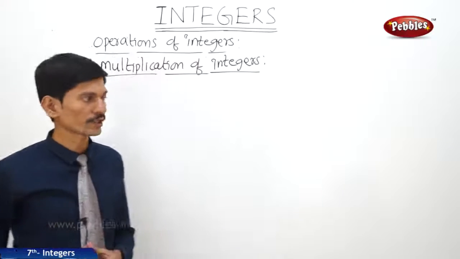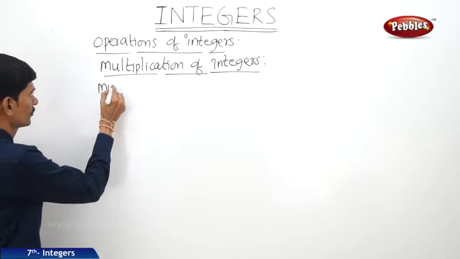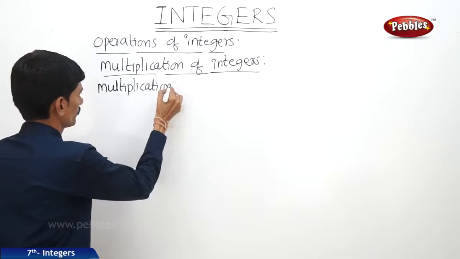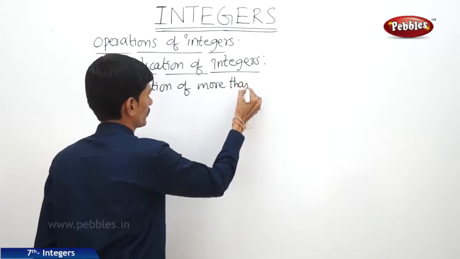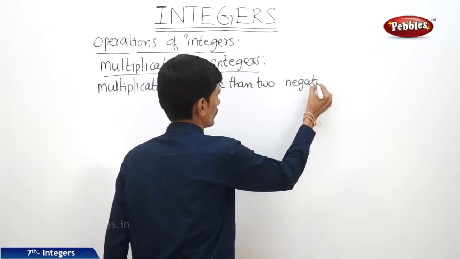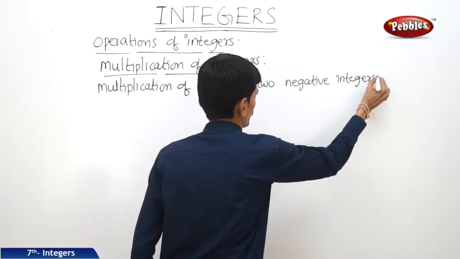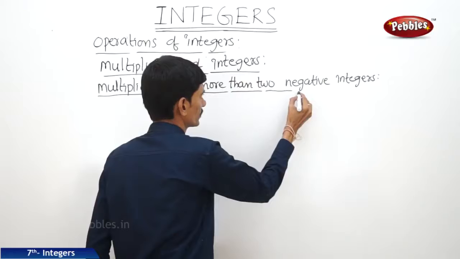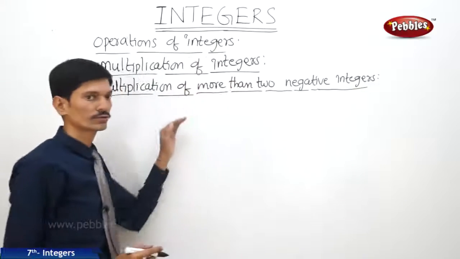Now let us see the multiplication of more than two negative integers. So when you multiply integers which are more than 2, then what is the product of those integers?